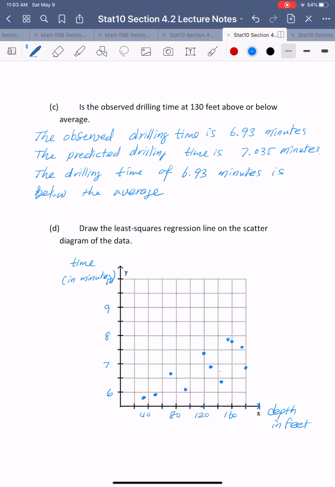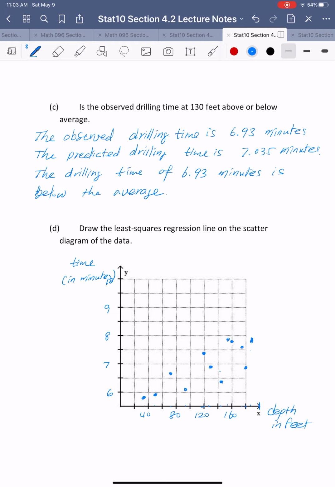And then also 190 is about here, and 7.9. So about here. Oh, it's a little bit low here. Okay.